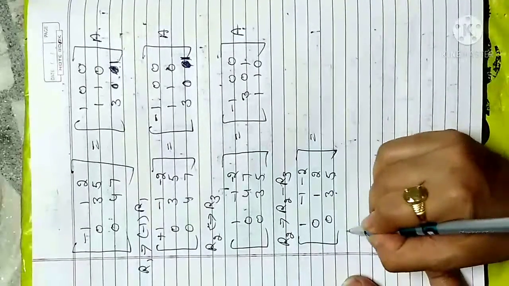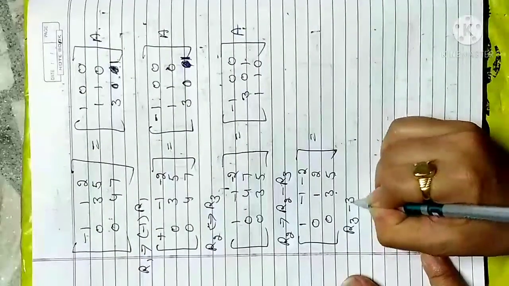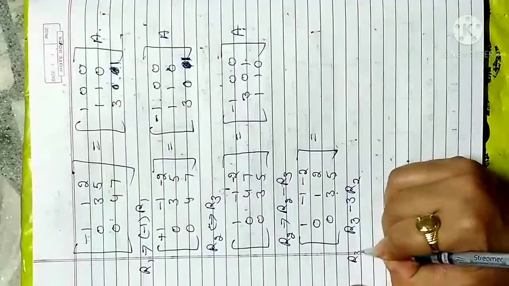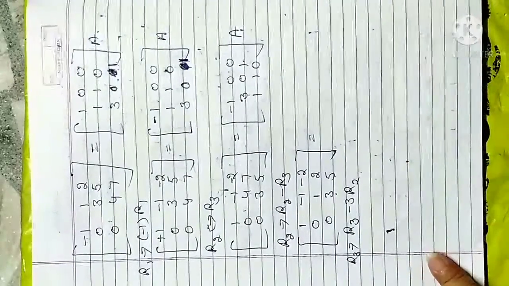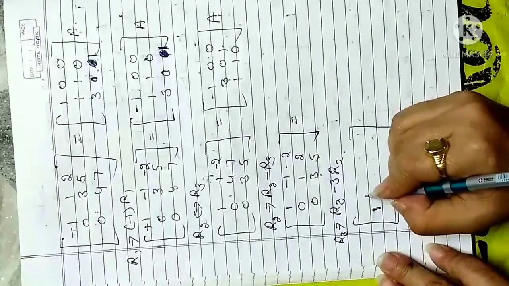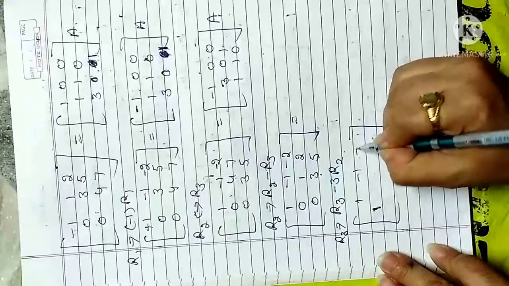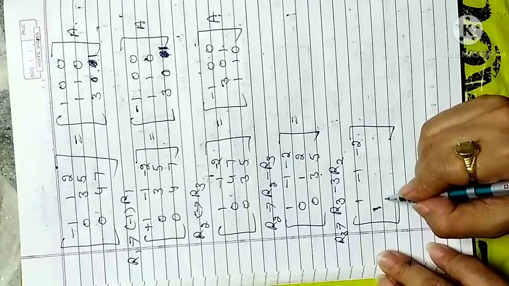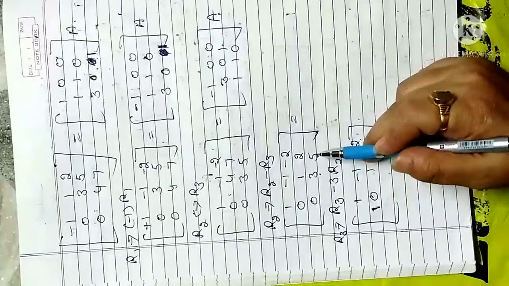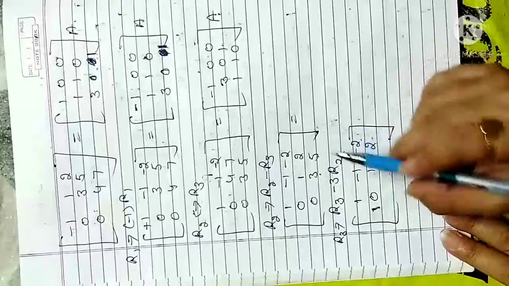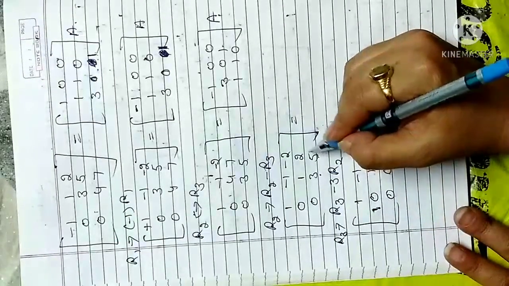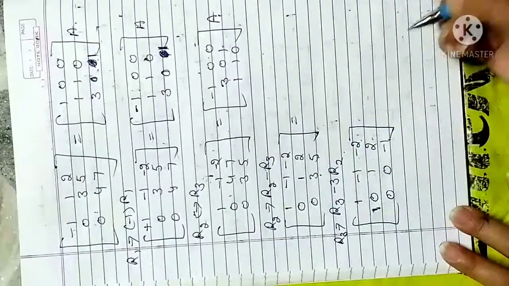So I apply the operation row 3 minus 3 times row 2, applied in row 3. After applying, what I get is 1 minus 1 minus 2, then 0 1 2, because there will be no change in row 2, only row 3 has to change. So 3 minus 3 becomes 0, and here 5 minus 6 gives me minus 1.